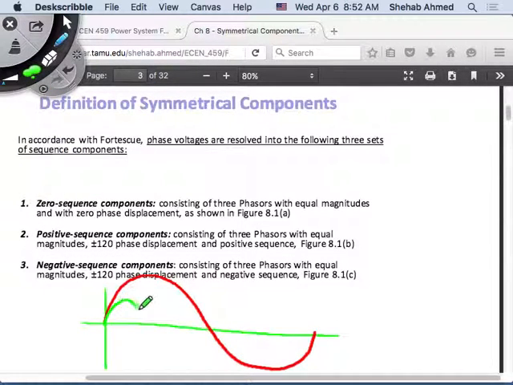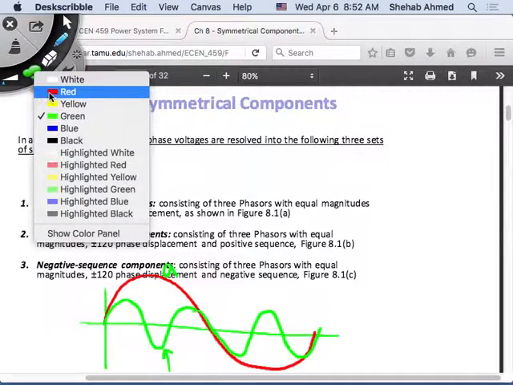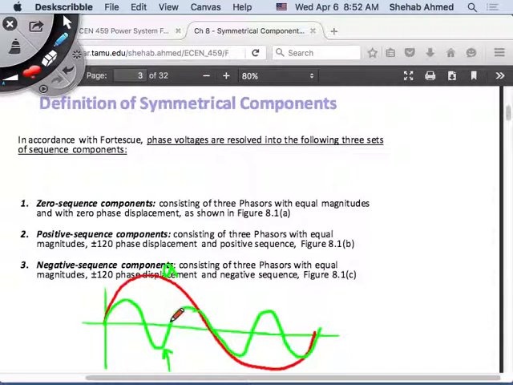The third harmonic for phase A will be this. This is A, and this is third harmonic for phase A. How about B? B will be 120 degrees. We start 120 degrees away, right? So if this is 180, then this is 120, right? These are 3, 1, 2, 3.